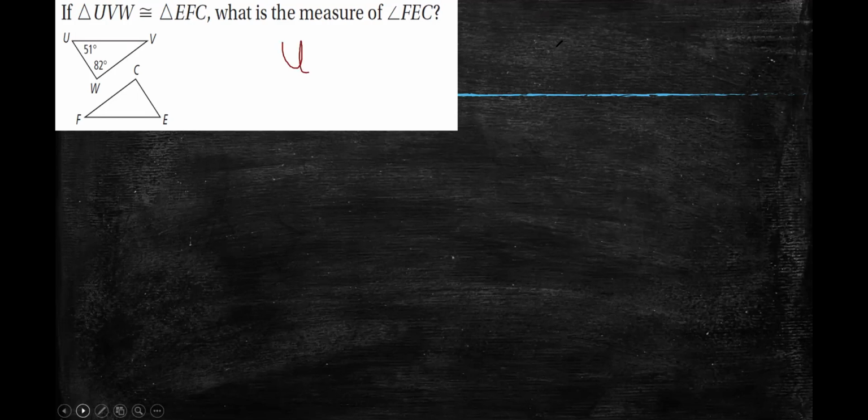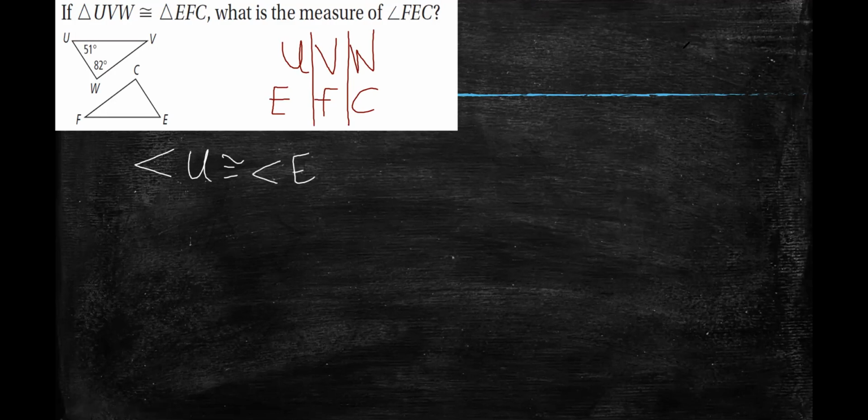I mean U, V, W, and E, F, C. That means angle U is congruent with angle E. So this means that angle U is congruent with angle E, and angle V is congruent with angle F, and angle W is congruent with angle C.